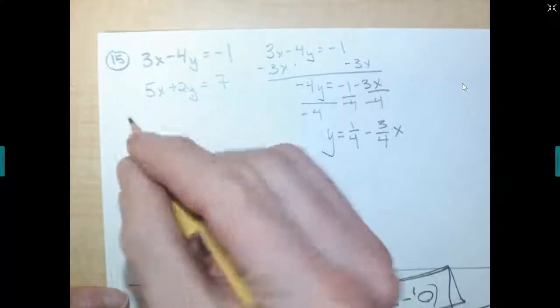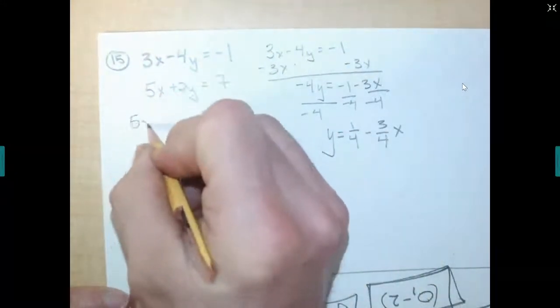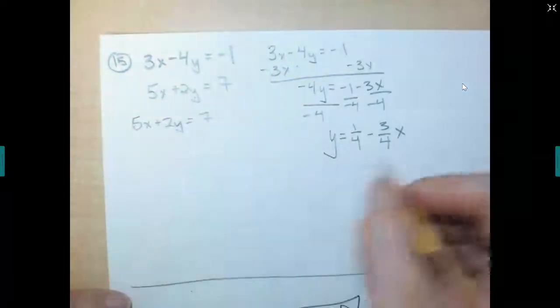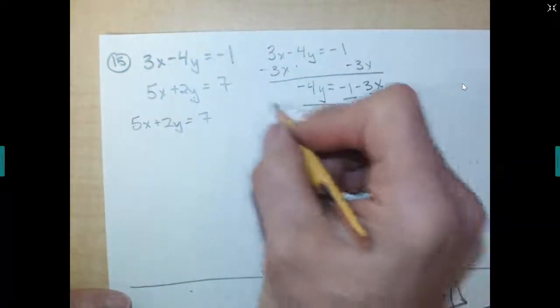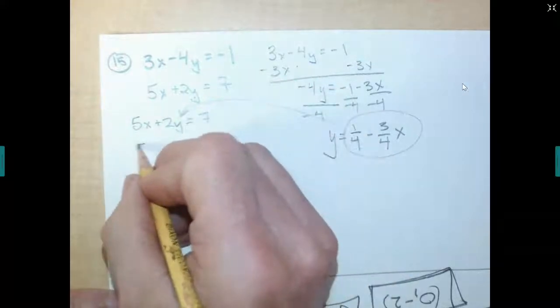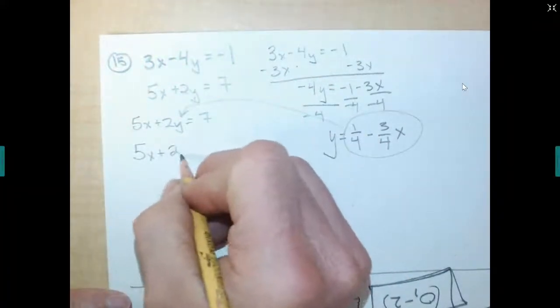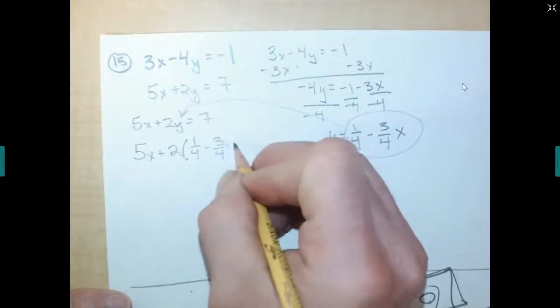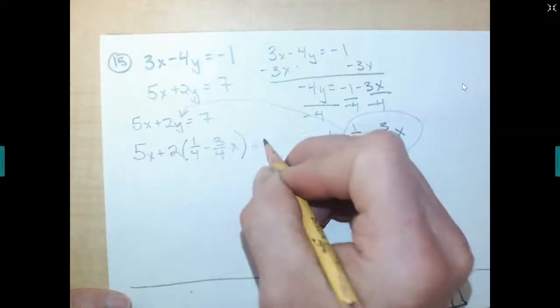So I have 5x plus 2y equals 7. So plug this into here. 5x plus 2 times 1/4 minus 3/4 x equals 7.